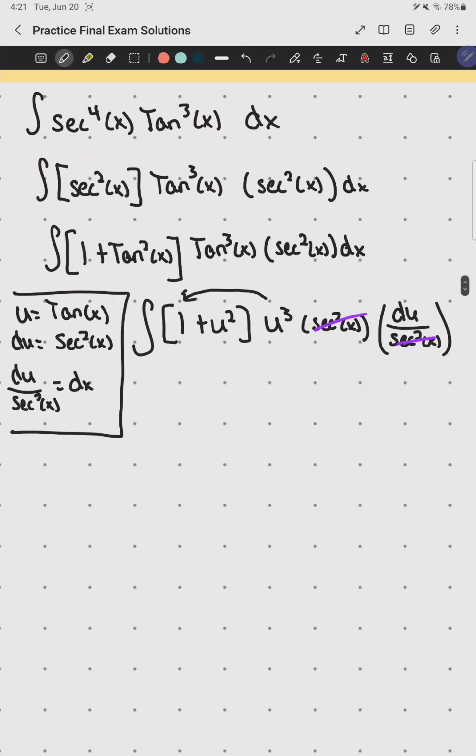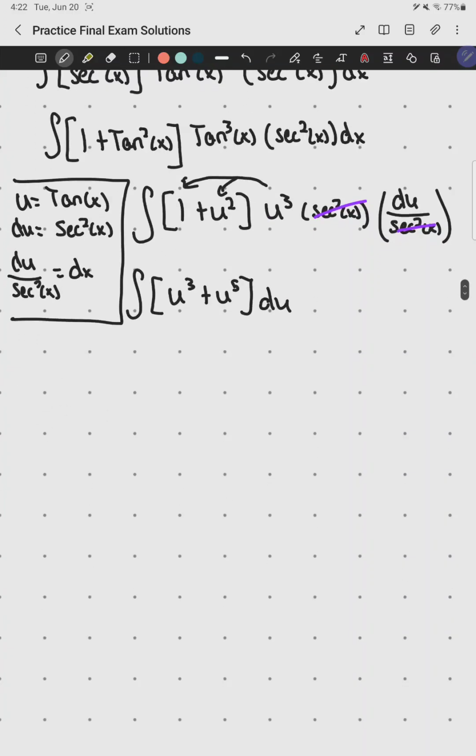Over here, let's distribute our u cubed, so u to the 3rd plus u to the 5th du. And from here we can do our integration, so 1 over 4 u to the 4th plus 1 over 6 u to the 6th.